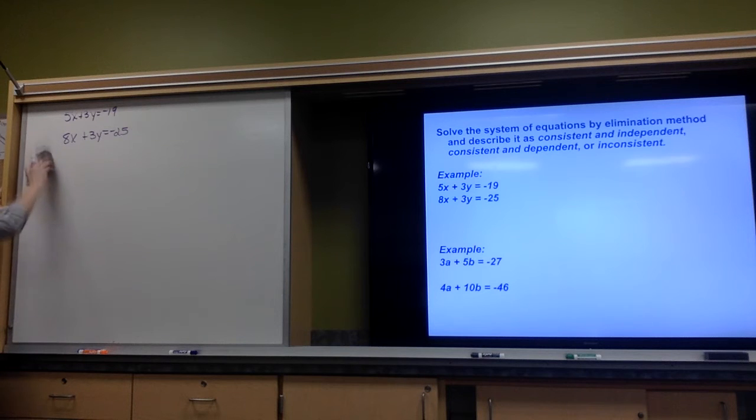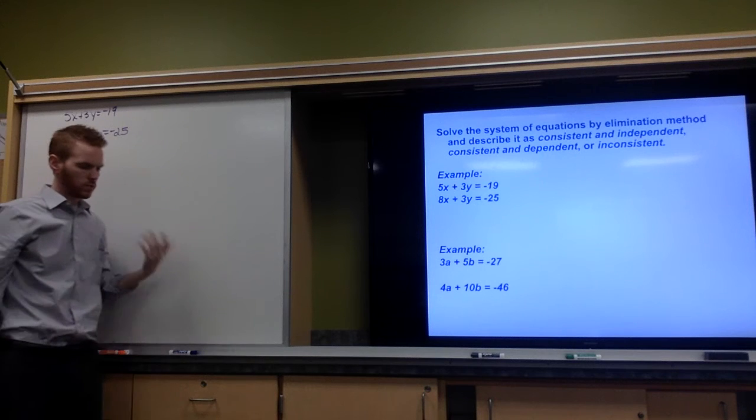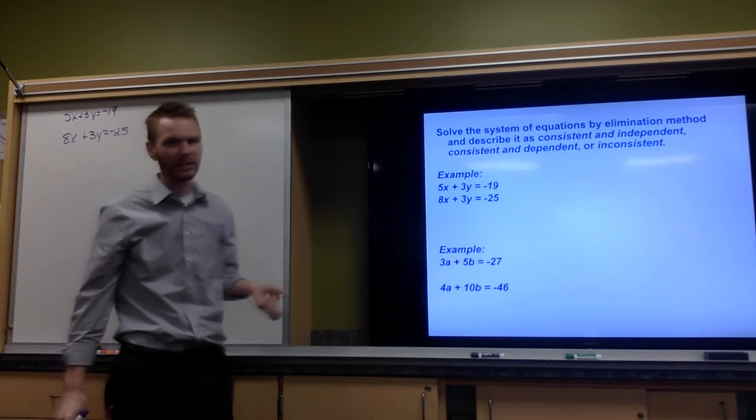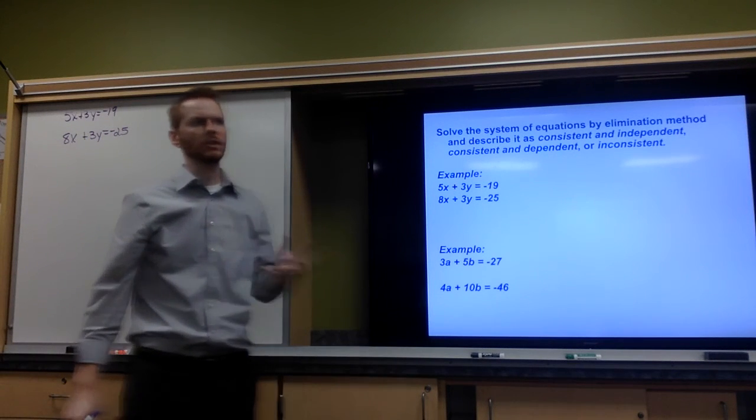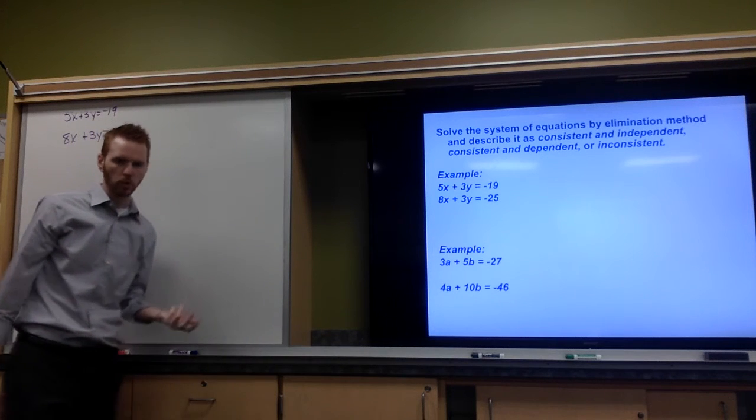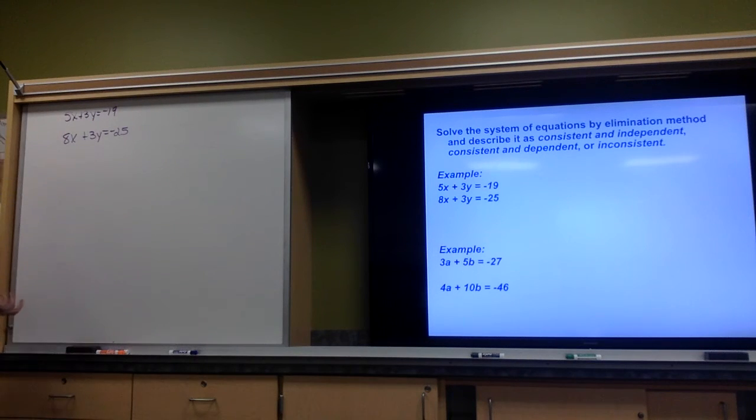So here's what I typically tell people. I don't like to use subtraction that much, all right? I like to use addition just because it makes it easier to work with these numbers, okay? It's up to you. You could subtract these and get your answer. You just have to be careful. Or what I'm going to do just to show you, I'm going to multiply this by -1, okay? So I'm going to rewrite this.